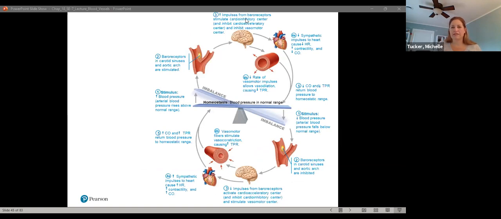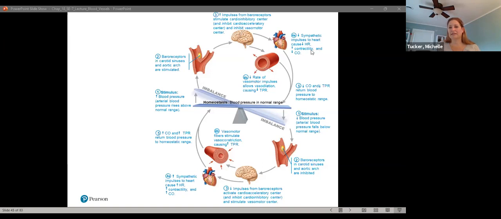That increases their input to these centers in the brain. Then the brain is going to send out messages that inhibit the vasomotor, so there's less stimulus to these blood vessels, and they will vasodilate.